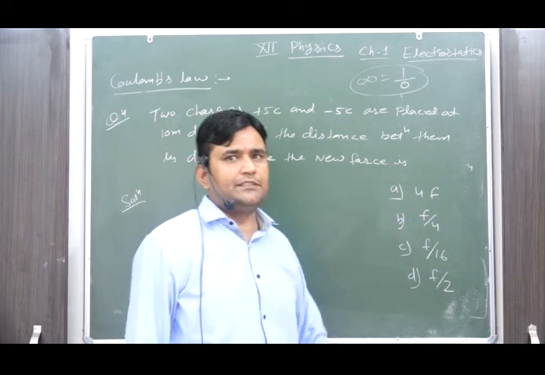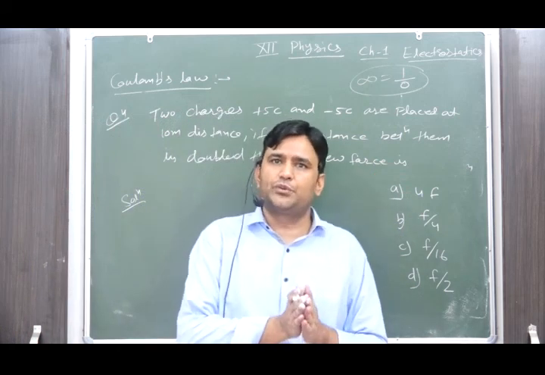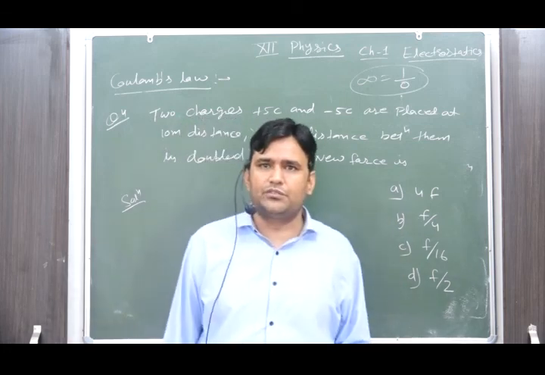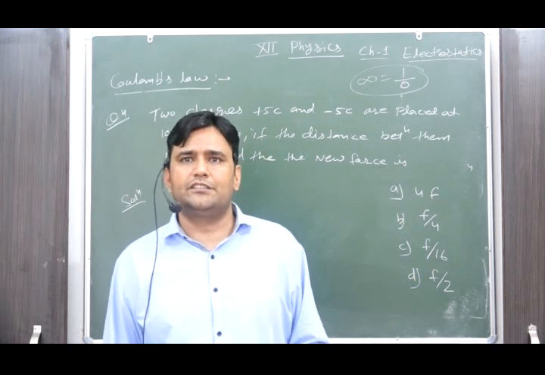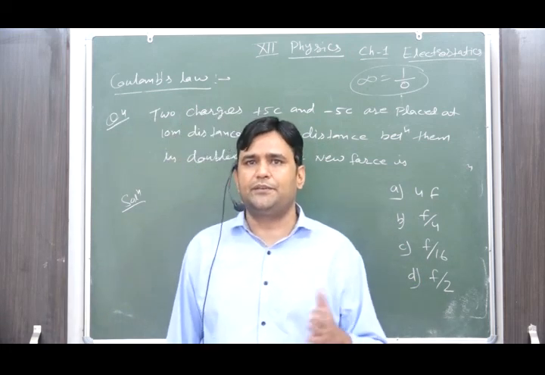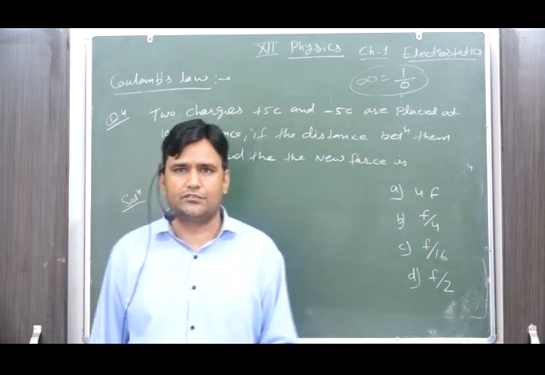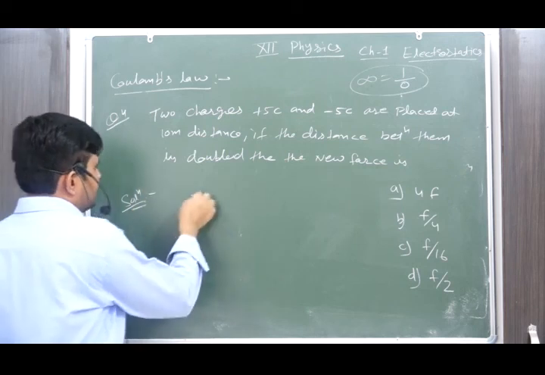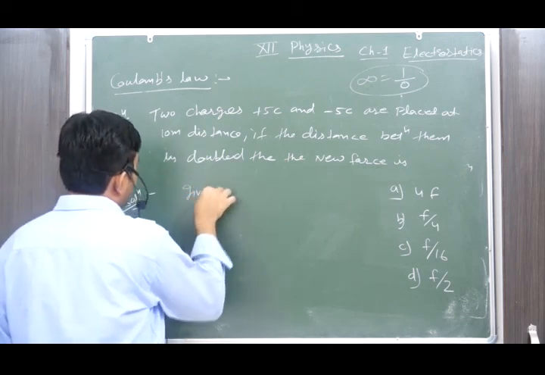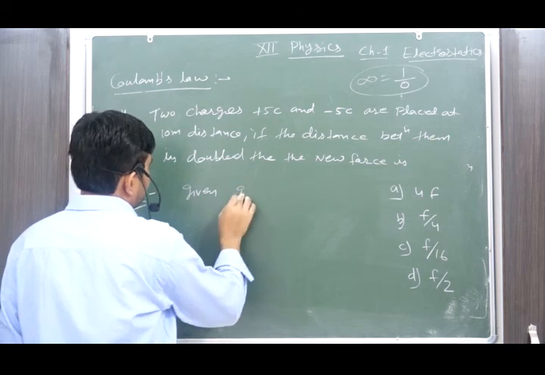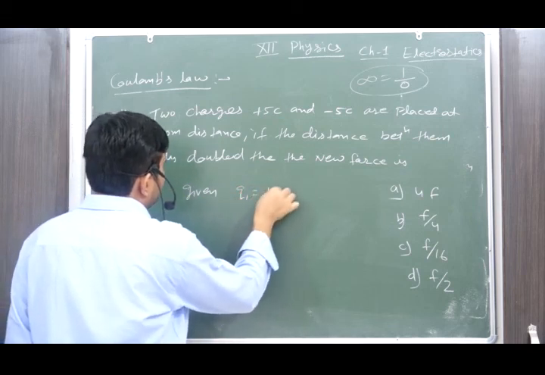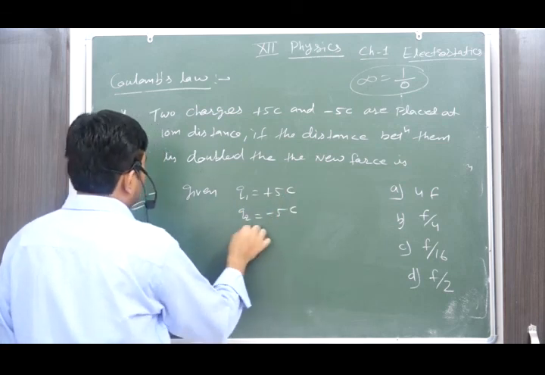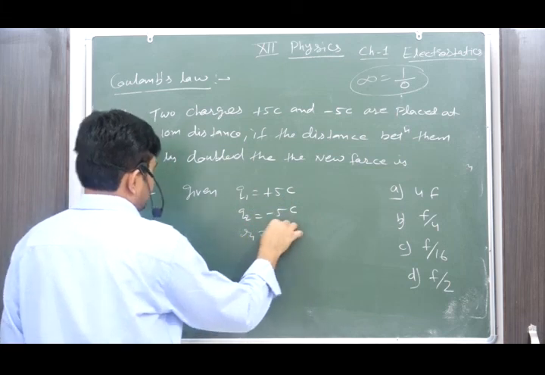With respect to the primary force, there is no need to calculate F equal to K Q1 Q2 upon R square, if it is an objective question. But in your board examinations, we go through calculating F equal to K Q1 Q2 upon R square. Okay, we are considering the entire formulation. First the given data: Q1 equal to plus 5 coulomb, Q2 equal to minus 5 coulomb, R1 equal to 10 centimeter.